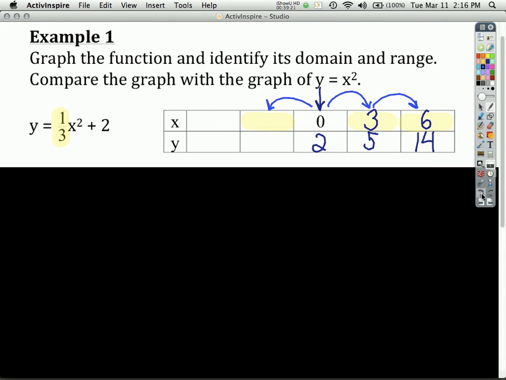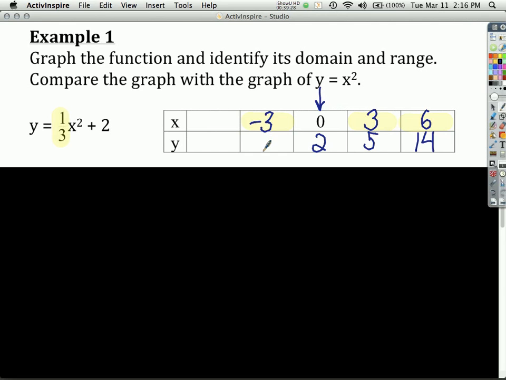Watch how this is a huge benefit. If we put a -3 right here, we don't have to do anything. The y value will become the same y value as this. That's the power of the x squared. A -3 and a +3 both have the same square. What's -3 squared?